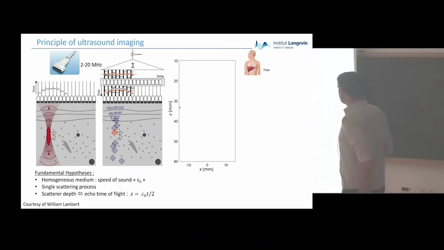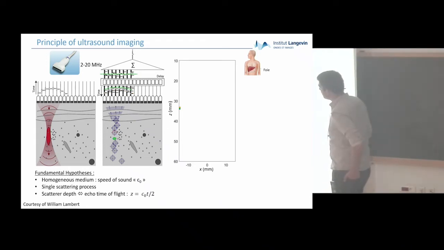Okay? And then you can look at the signal at a larger time of flight. It gives you a second pixel. You do that for all the depths, for all pixels contained in the depth of field of the incident wave.